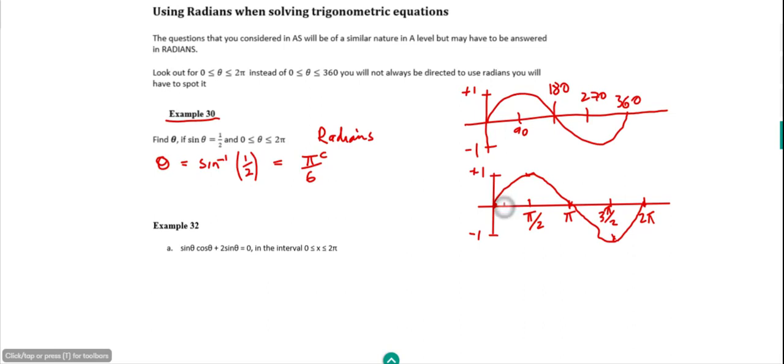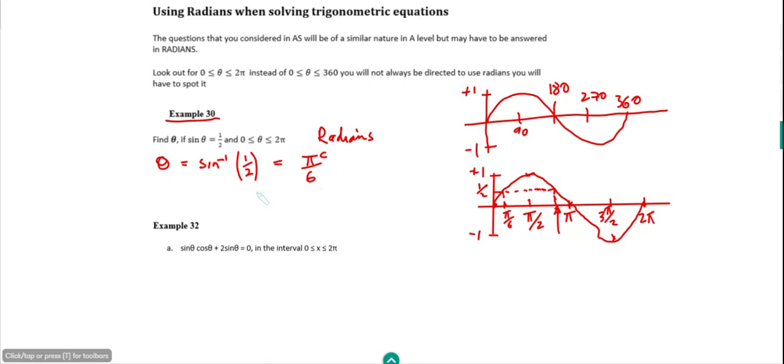So that's this point here, pi by 6, and if we project it up to the graph, we'd find that this was a half. But in our range 0 to 2 pi, if we project across, we can see we actually have another solution, which is here. And because of the symmetrical nature of this graph, this point can be found by taking away pi by 6 from pi.